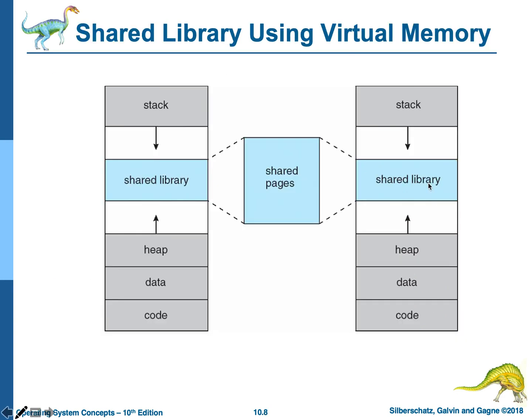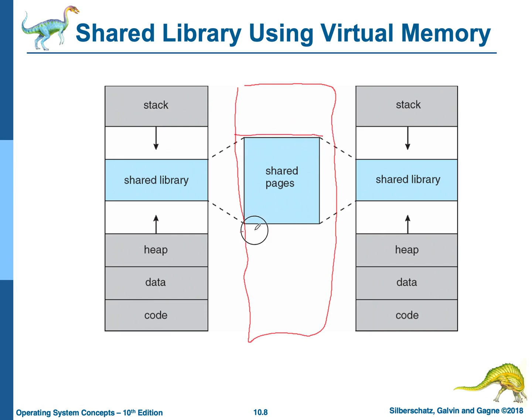We can see here that these two processes are both sharing the same libraries, so why allocate them different libraries? We have a shared library, and maybe another process here which also occupies this hole, with a stack, a heap, data, and code.